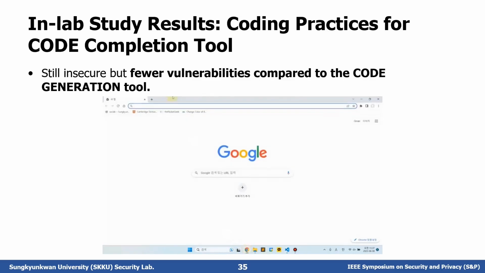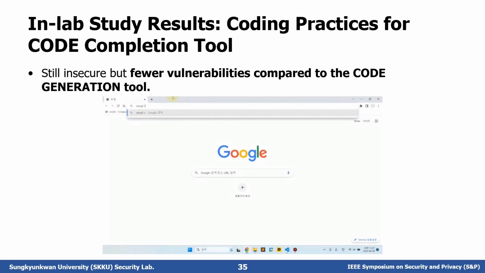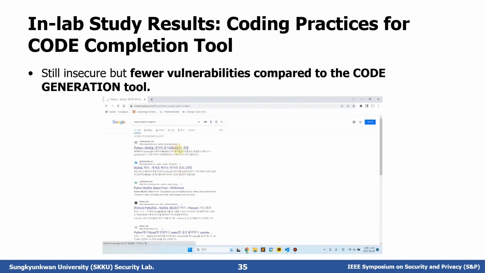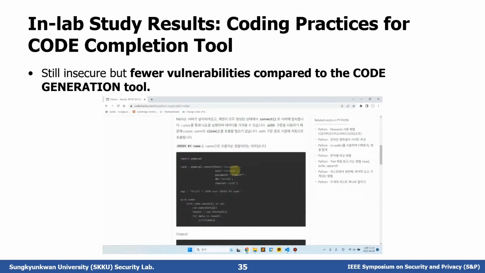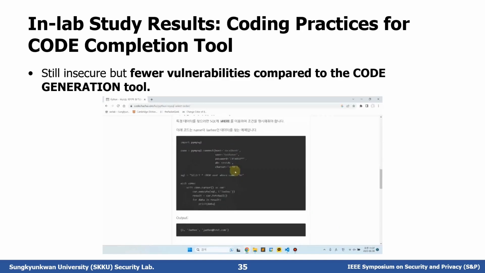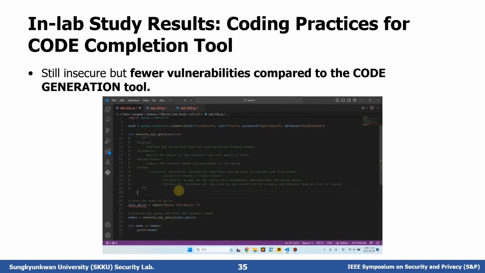When the task begins, the participant starts to search for the code on the internet. As you can see, he copies and pastes the code from the internet and modifies it. With these typical coding practices, the poisoning attack was less effective compared to the code generation tool.